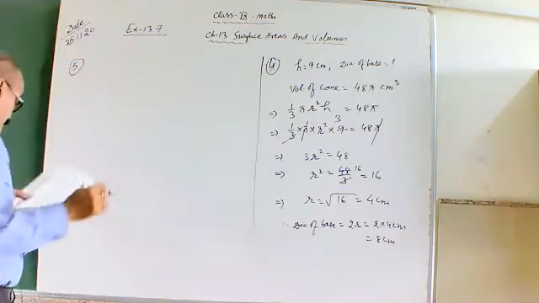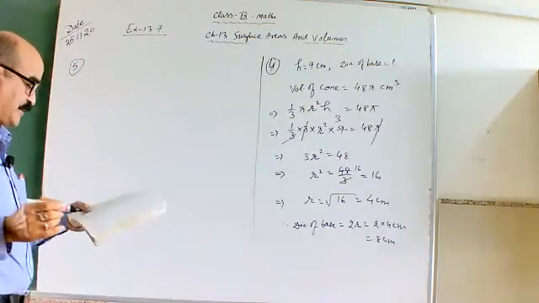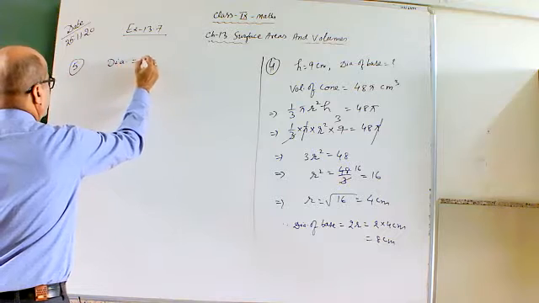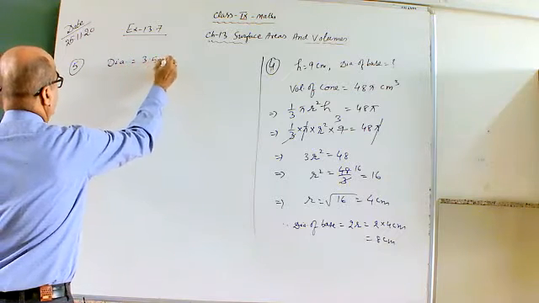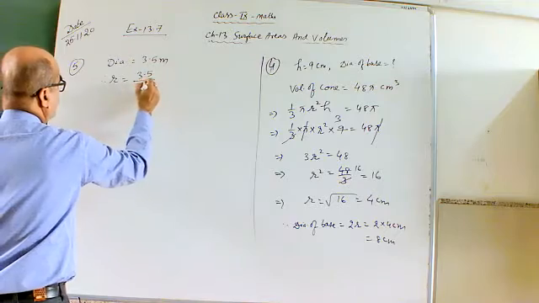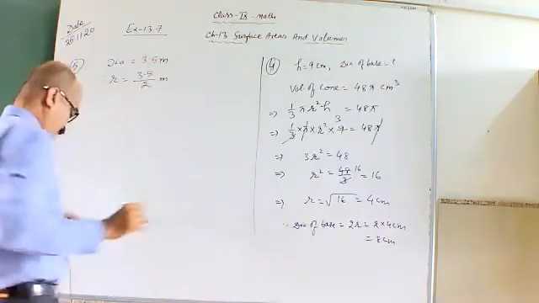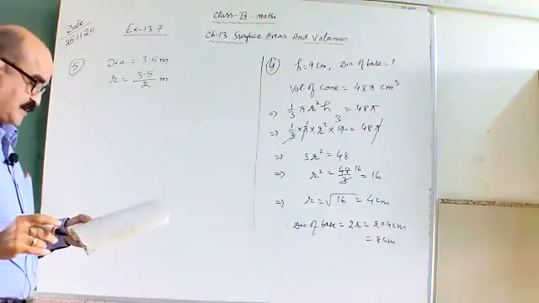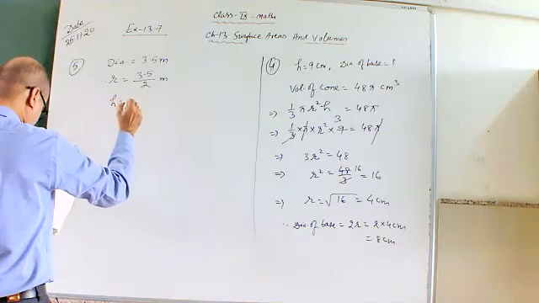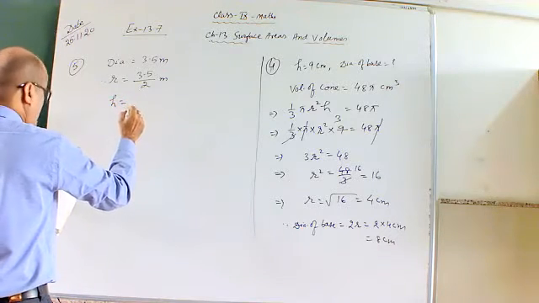So diameter is equal to 3.5 meter. So therefore radius will be equal to 3.5 by 2 meter. Right. And the depth of the pit is the height. Depth of the pit is given as 12 meter.